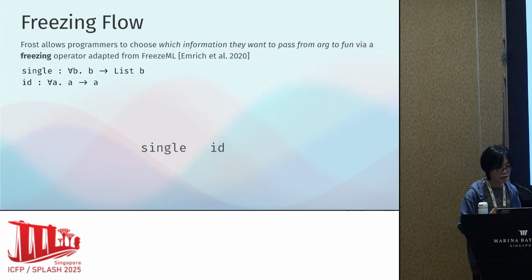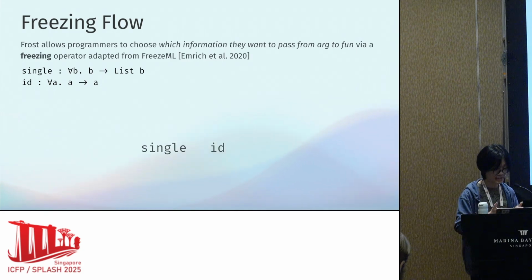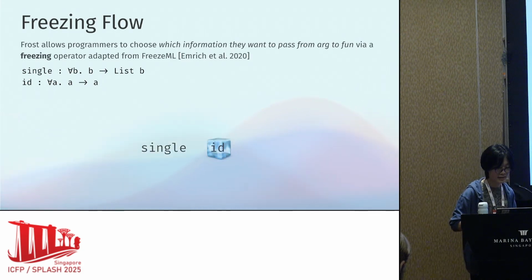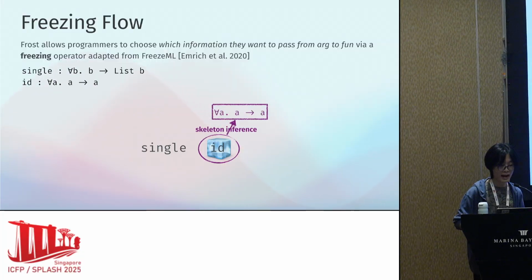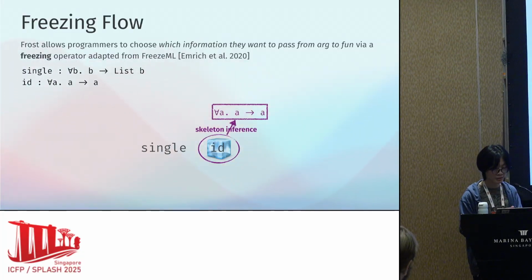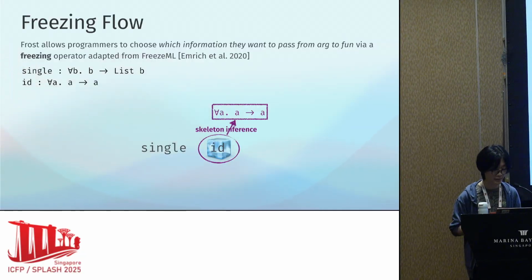Yes, so in order to allow this program to also have the type list of for all a. a to a, we introduce a freezing operator inspired by FreezeML. For this program, we can write a user annotation to freeze id, and by freezing it, the skeleton of id is not ghost to ghost, but its type for all a. a to a.